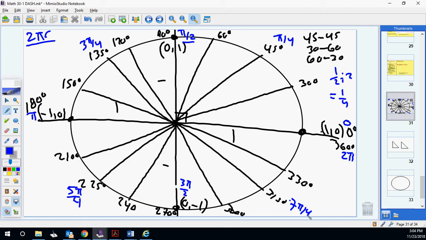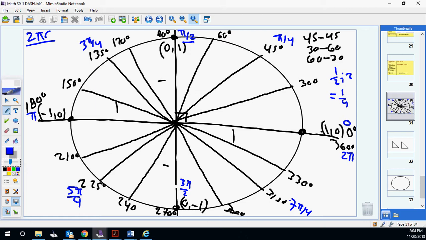Now the 30s and 60s are, I wouldn't say they're tricky. They actually do count the same, but there's an extra level of simplifying. And I'll show you what I mean here. Let's go all radians here.